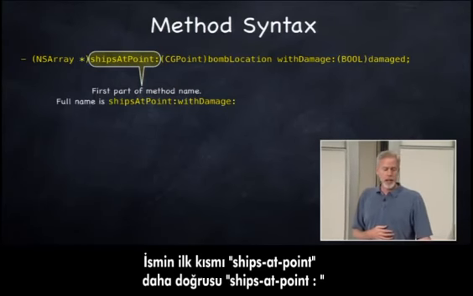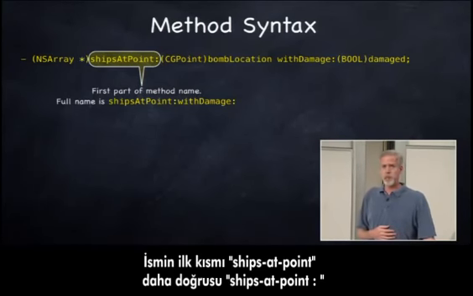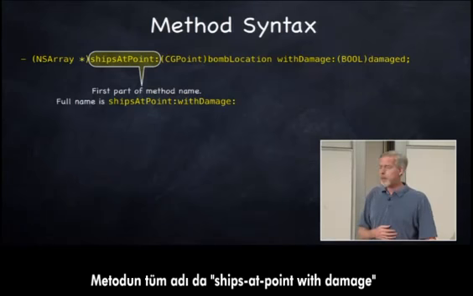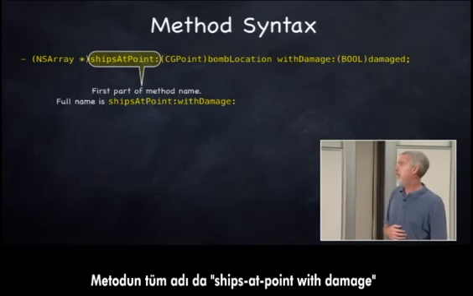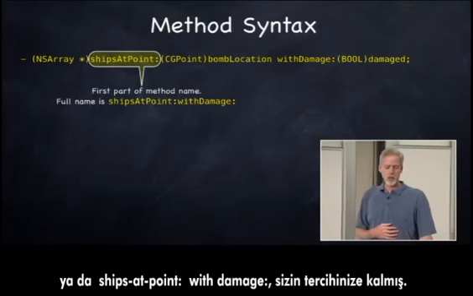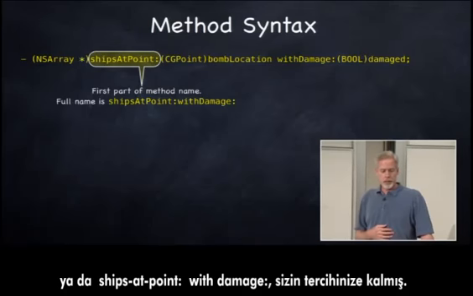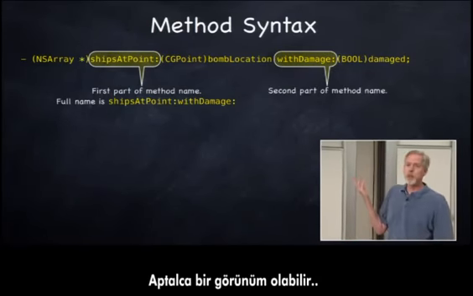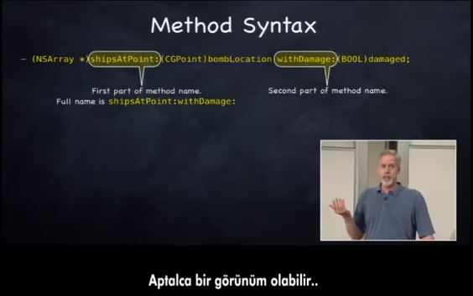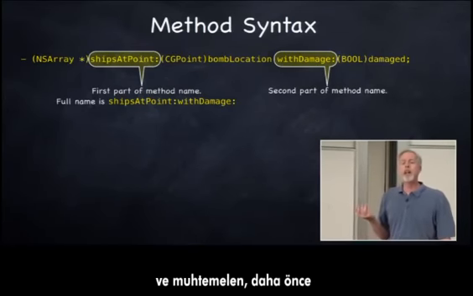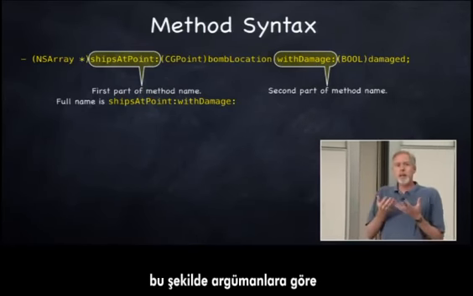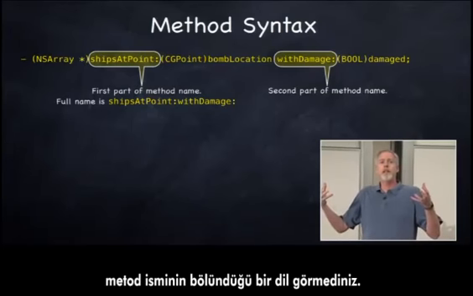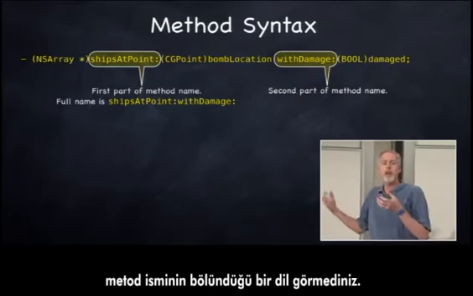So the first part of the name is ships at point colon. The full name of the method is ships at point with damage, or ships at point colon with damage colon, depending on your preference. And so that's the first part, and this is the second part of the name. So it is kind of goofy to look at this. You've probably never seen a language like this where the name of the method is split up. It's parceled out amongst all the arguments.